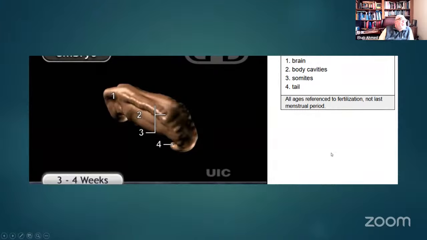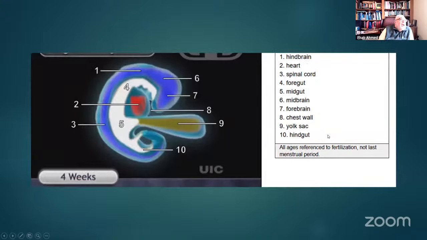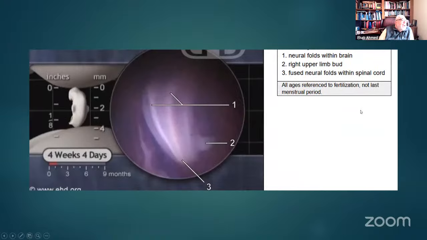It starts to become more and more visualized and more divided. And this is at 4 weeks still. 4 weeks and 4 days.